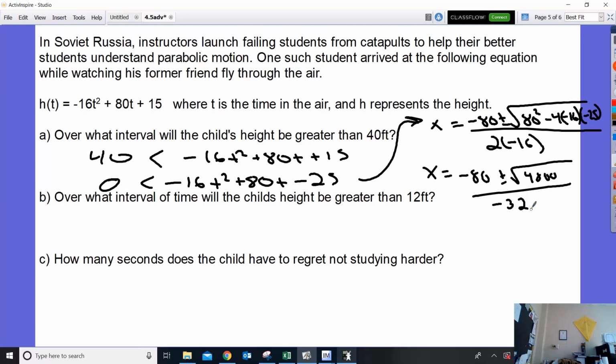So that would mean that 1,600 would go into 4,800.